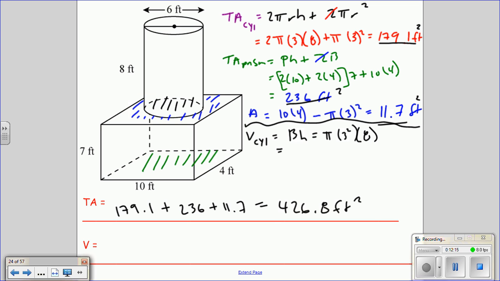So pi times 3 squared times 8. So the volume of the cylinder is about 226.2 feet cubed.